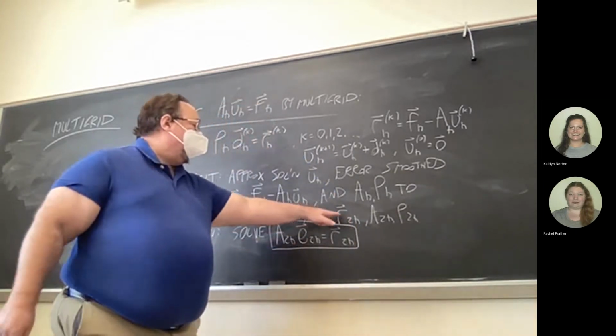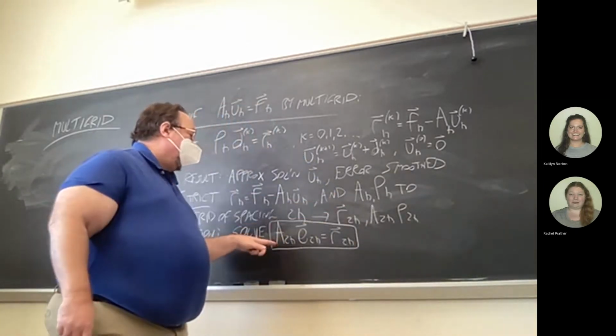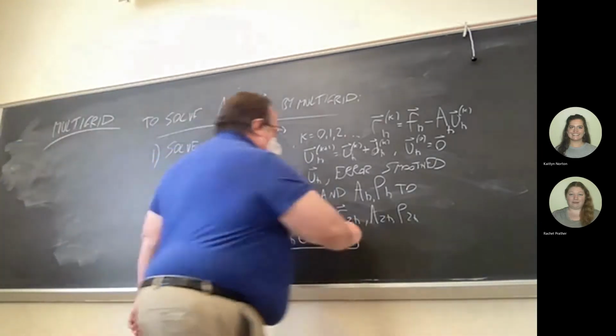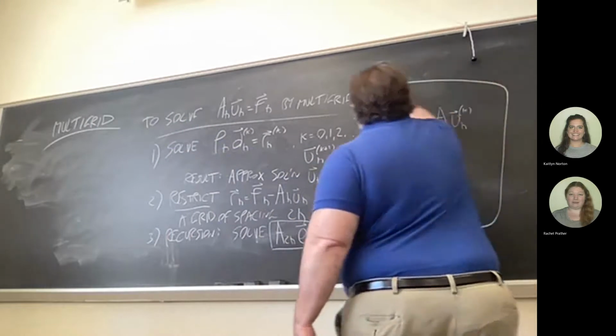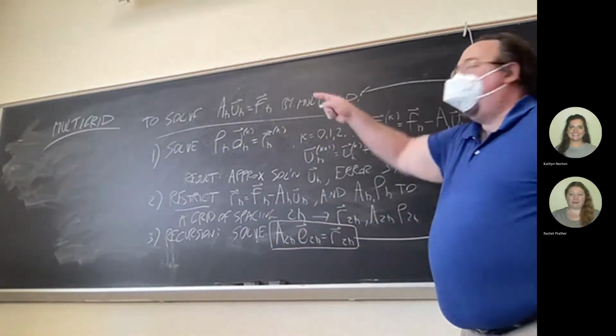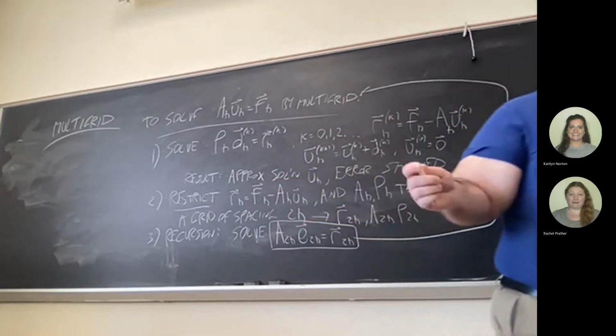So you take your restricted residual, you take your matrix that's on the coarser grid, and when I say recursion, what that means is you're going to treat this problem as the input to the same algorithm I'm describing.